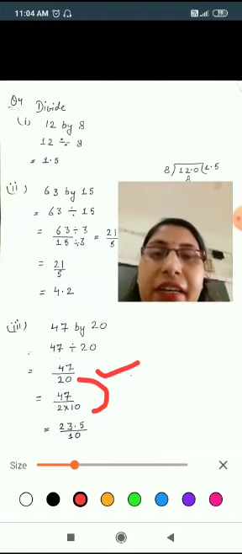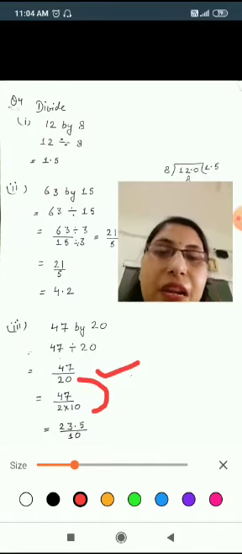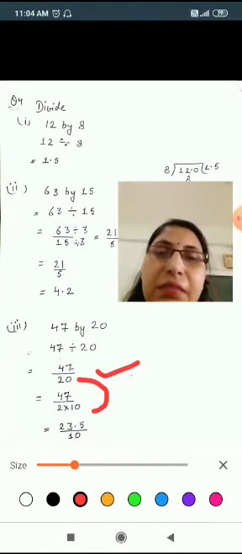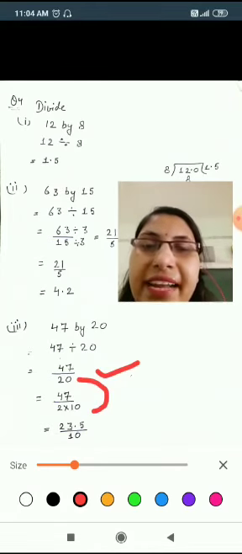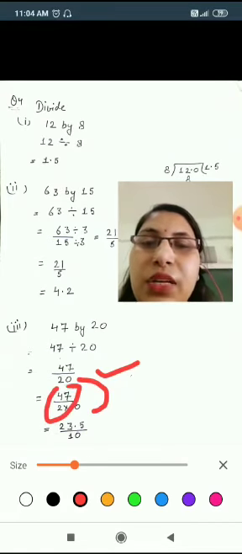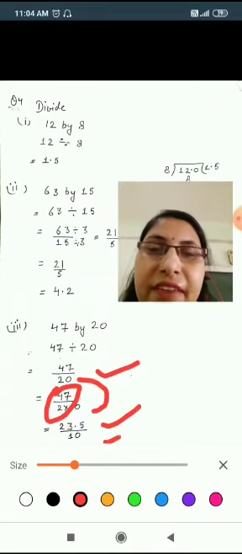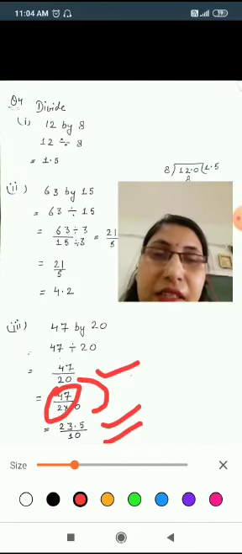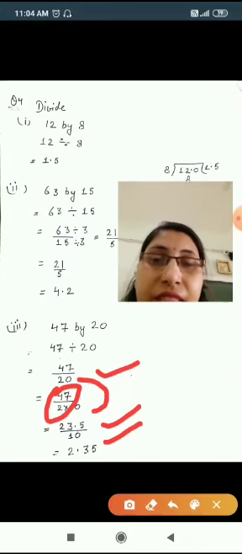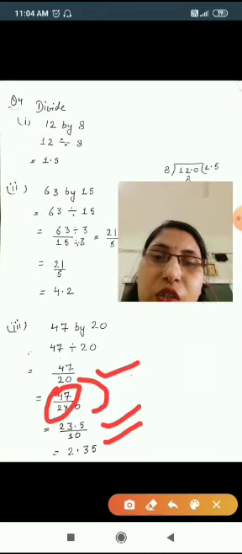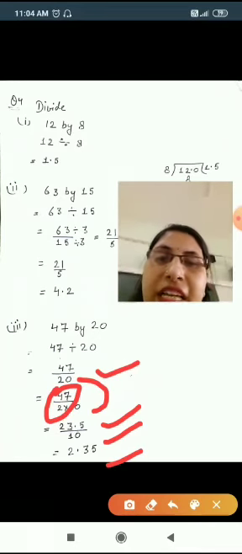Why have we written this? Because putting the decimal according to 10 is easy, as the number will remain the same and we can place the decimal. So first of all we will divide 47 by 2 and we will get 23.5 and the 10 will remain the same at its place, right? Then shift the decimal one place before. So the answer is 2.35.